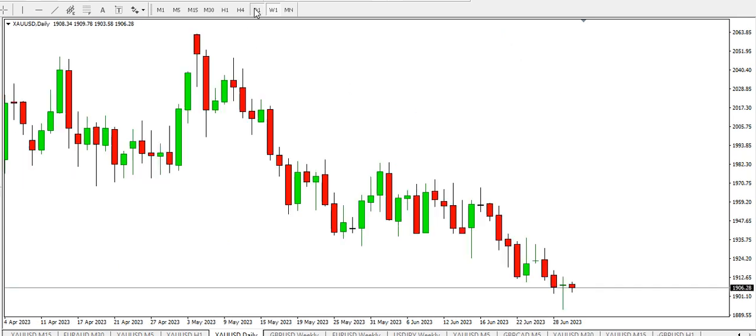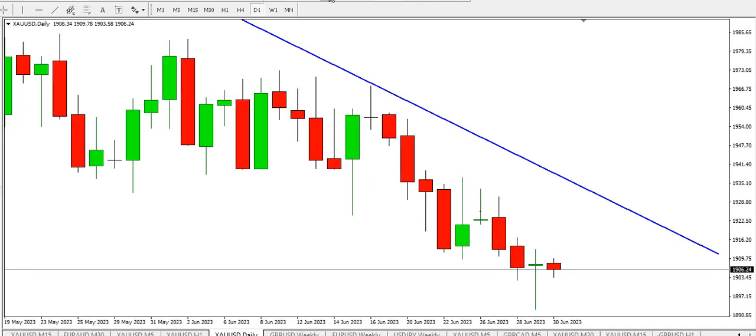Let's take a look at the daily time frame. The daily time frame still shows that price is in a bearish trend. But there's something very significant that has happened on the daily time frame. That's yesterday's candlestick. You can see it's more like a pin bar, more like a hammer.